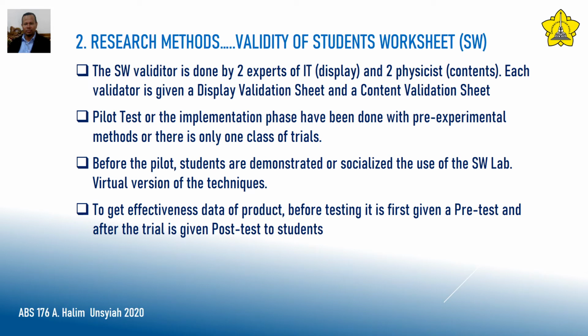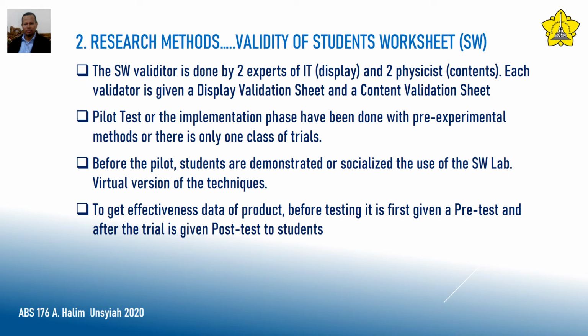Research methods: validity of the student worksheet (SW). The SW validation is done by two IT experts for display and two physics content experts. Each validator is given a display validation sheet and a content validation sheet.